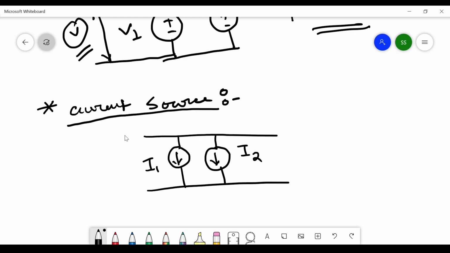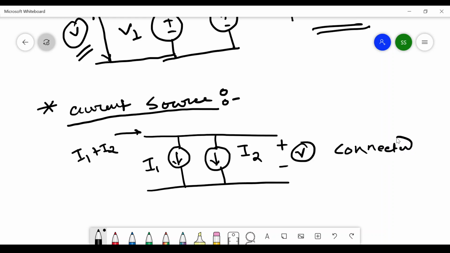The total current flowing from this direction is nothing but I1 plus I2 as per the KCL rule, and whatever the current in these two current sources, the voltage across them is the same. So whatever the current value, 2 or 3 or 4 or 5 current sources can be connected in parallel.